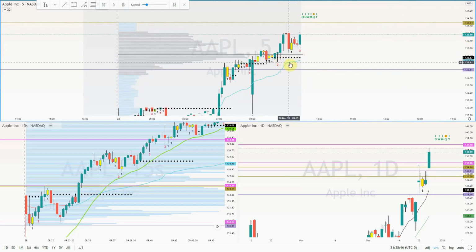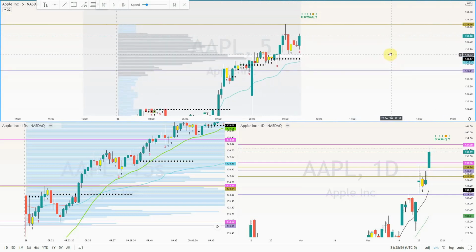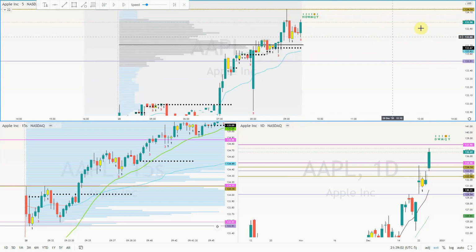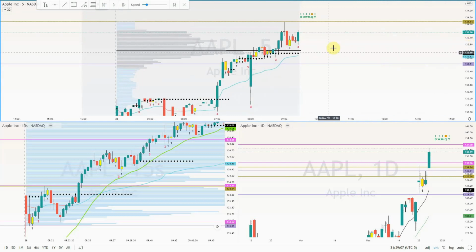So developing point of control kind of gives you a preview as that point of control is changing. And so in this case, because we don't see either developing point of control or point of control above price, I'm not necessarily looking for any kind of big sell-off at the open. So let's hit play and see how this moves.